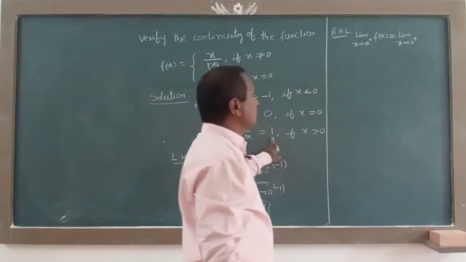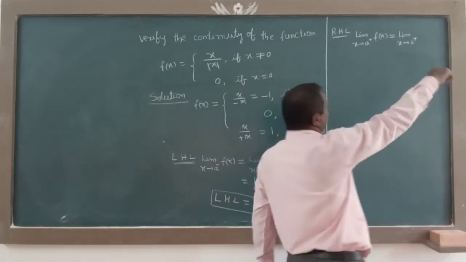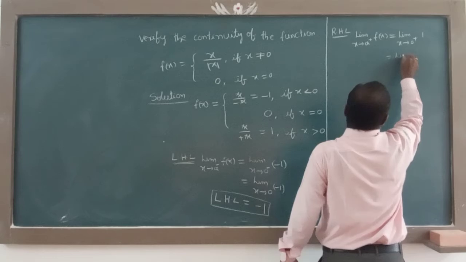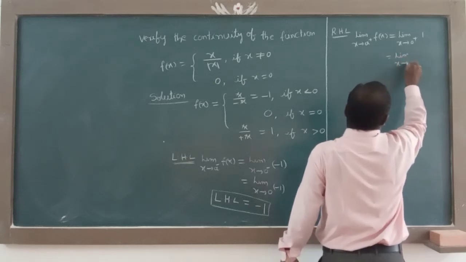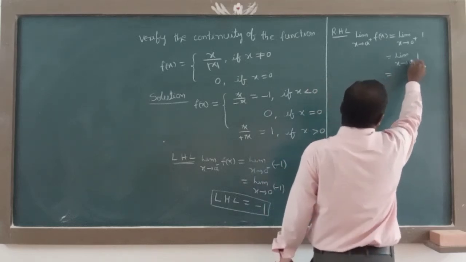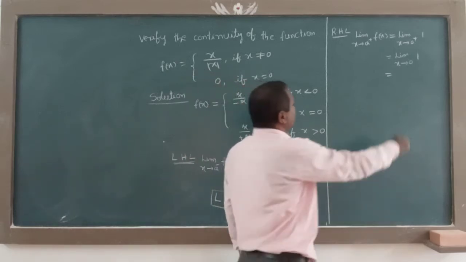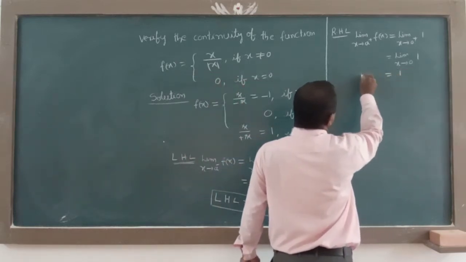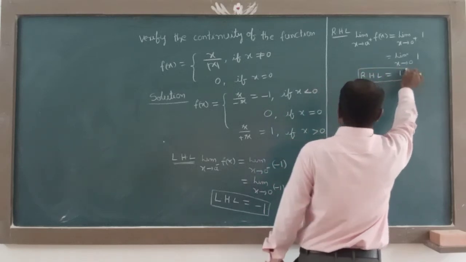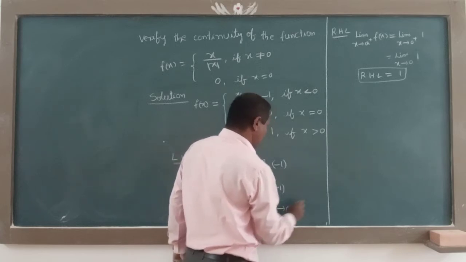The function there is 1, so instead of f of x we write 1 here: limit x tends to 0 of 1. The limit of any constant is that constant at any real number, so the right hand limit value is equal to 1 here. This is equation number 1, and this is equation number 2.